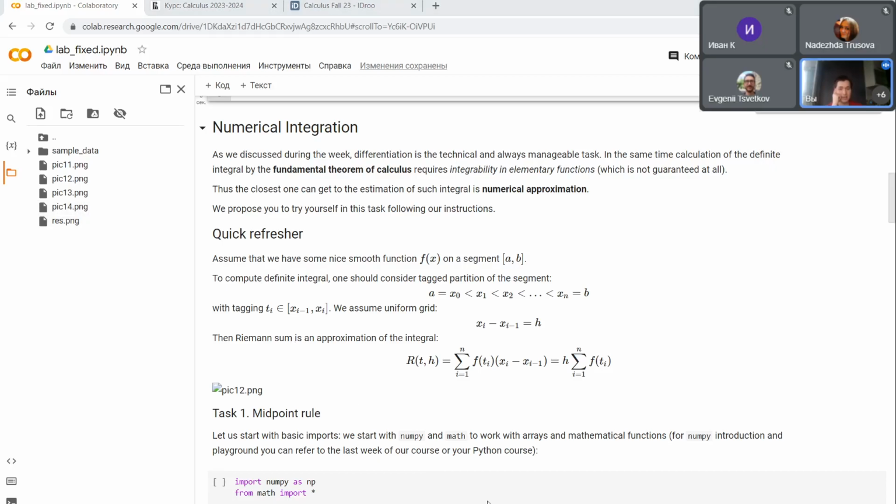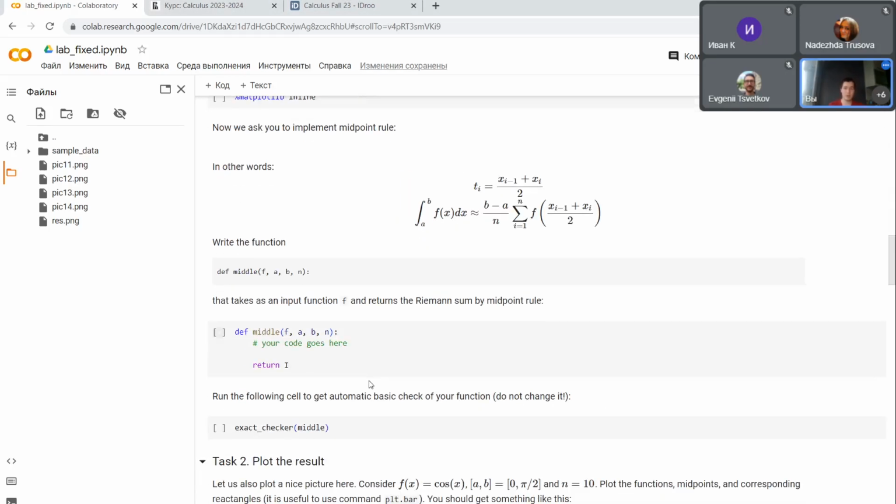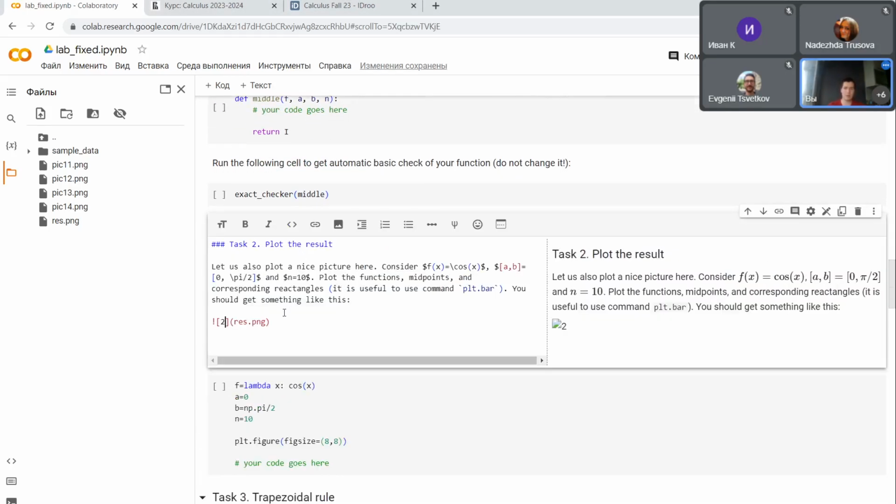As you can see, in this folder you can find the corresponding pictures. For example, the notebook is looking for res.png, and you can find res.png here, so at least you'll be able to understand what this file is looking for.